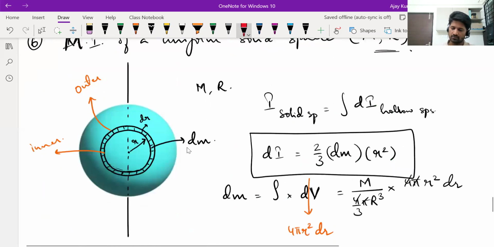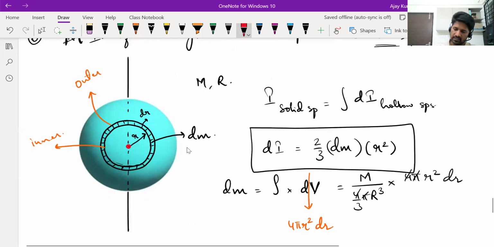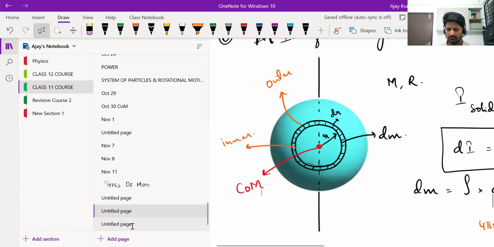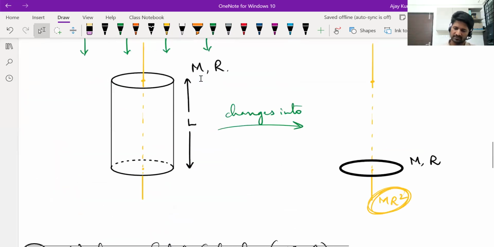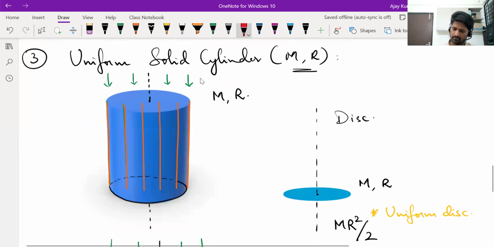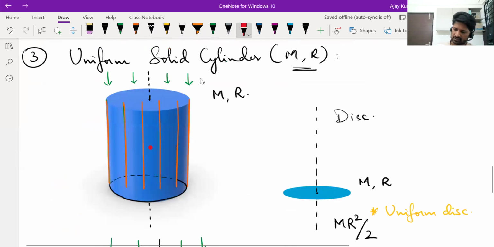For a solid sphere also, we did the same. Axis passing through the center, and for solid sphere, that point is the center of mass. Even today, hollow cylinder, solid cylinder we considered. For hollow cylinder and solid cylinder also, their own axis passes through their center of mass. Somewhere inside there will be a center of mass. The axis will be passing through it.